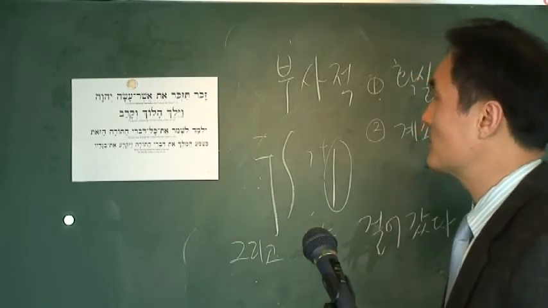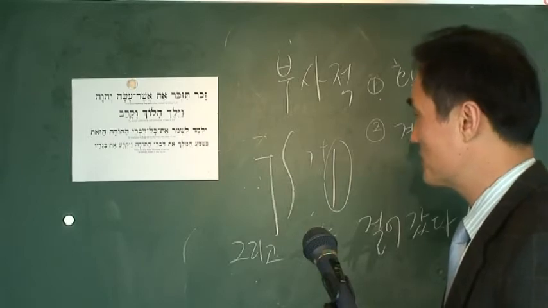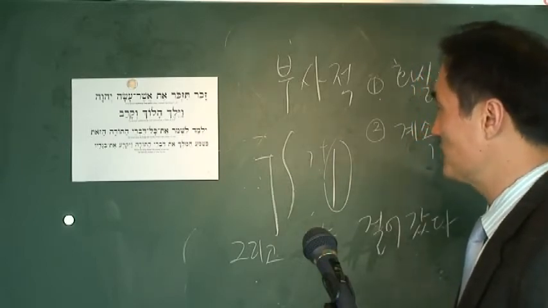The infinitive absolute state of the kal verb comes after this verb.